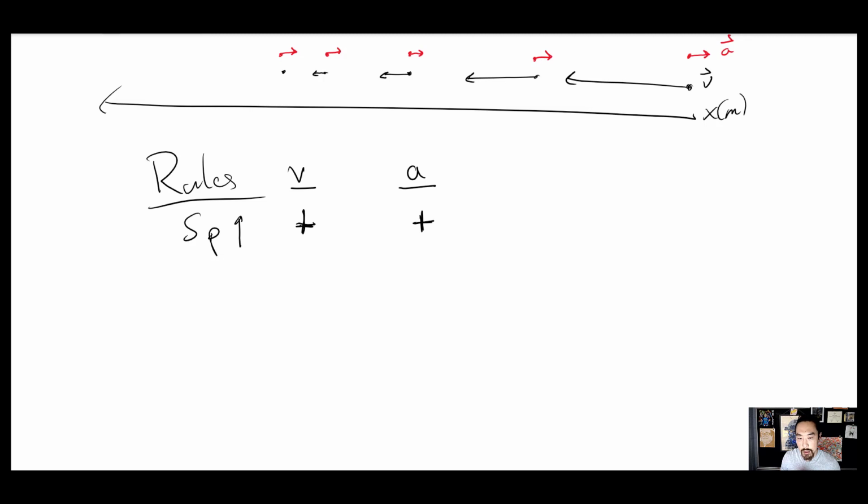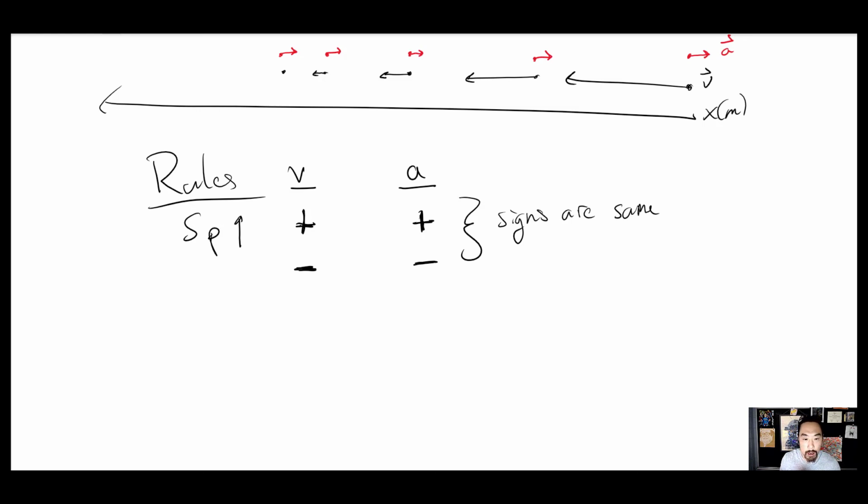We're speeding up to the right, or speeding up upwards. We can also be moving to the left and speeding up to the left, or moving downwards and speeding up downwards. Notice here, signs are the same.